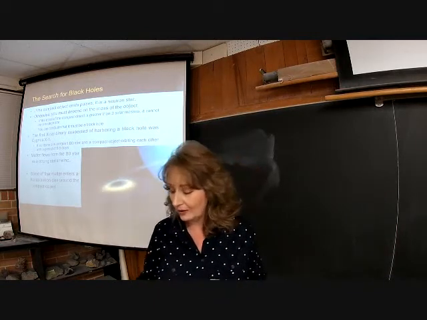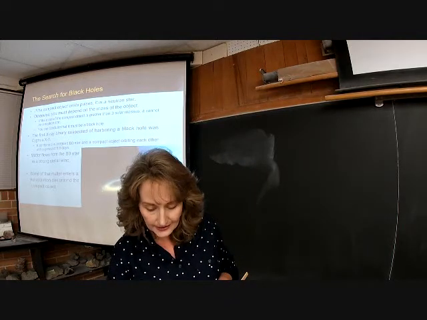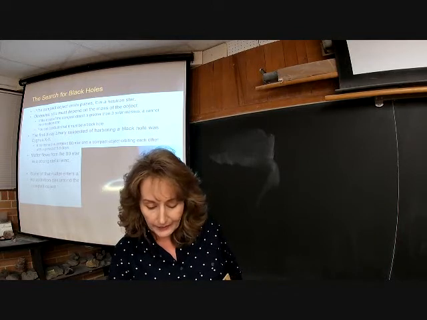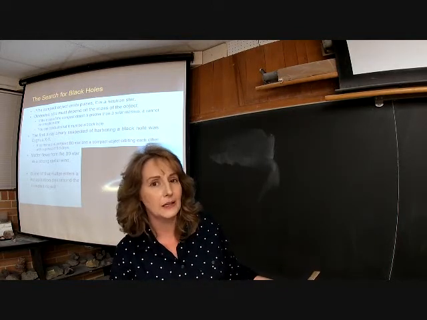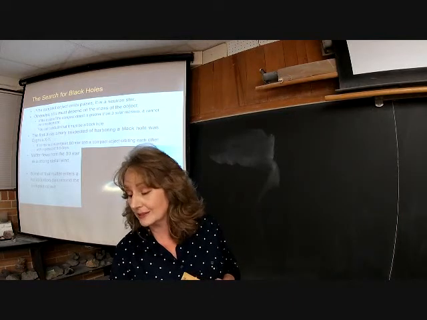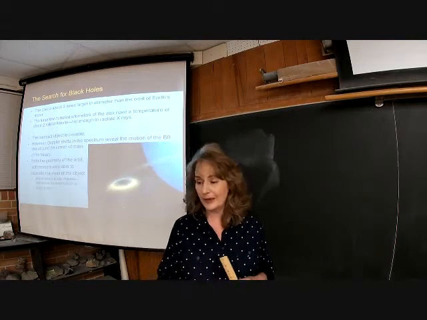So the search for black holes has given us some good success. You're looking for X-ray binaries coming off of a very compact companion of greater than 3 solar masses. So the binary companion stars.